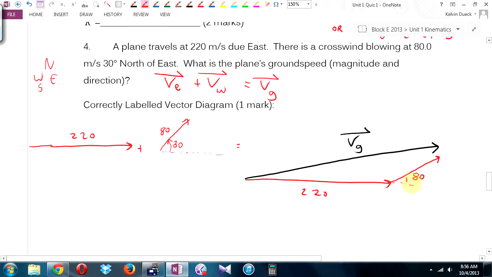How big is the angle next to the vector of 80 and next to an east? How big is this angle here, kiddo?